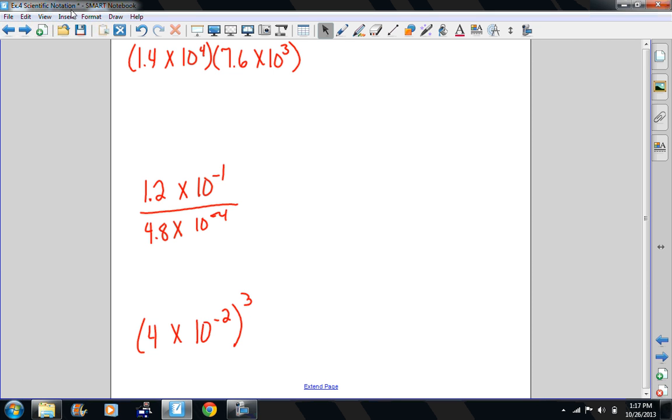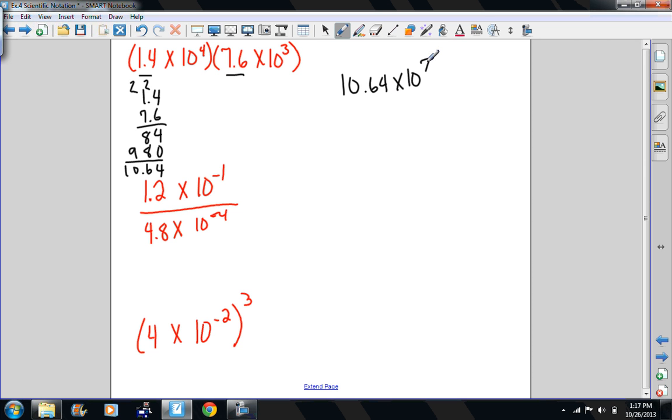That's acceptable, but it would take a lot longer than what we're hoping to do, which would be if we just multiply these two numbers, 1.4 times 7.6, which I can do over here, 24, 84, so 10.64, and we add the exponents, because that's what we learned last time.